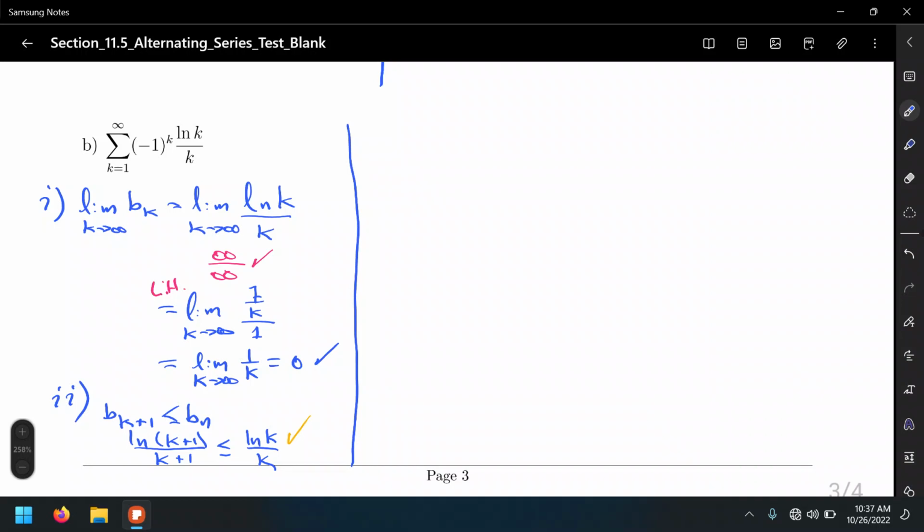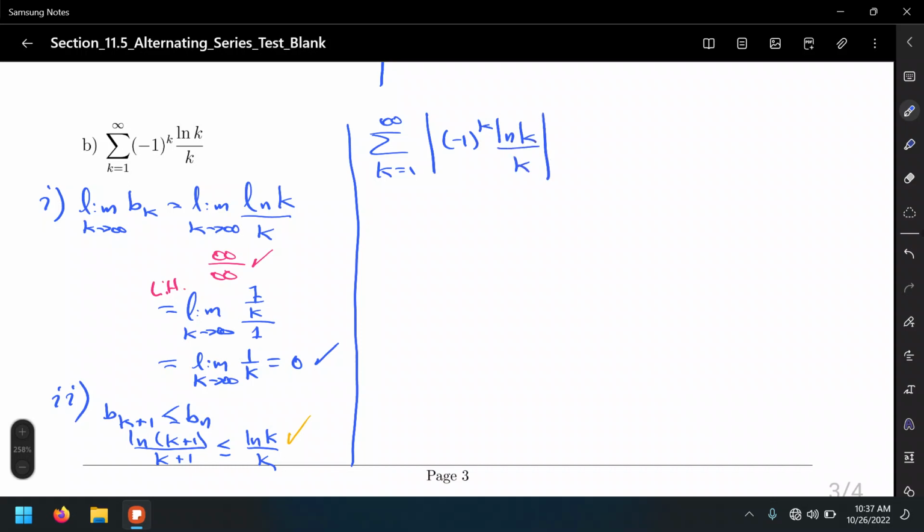When it comes to absolute convergence, we're going to get the original series, sigma k equals 1 to infinity of the absolute value of negative 1 to the k, ln of k over k.